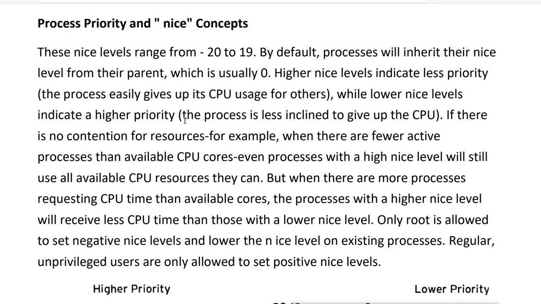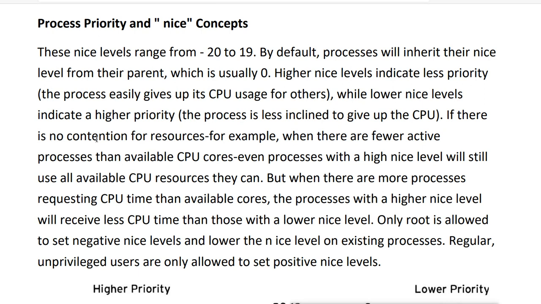Lower NICE values indicate higher priority, so the process is less inclined to give up the CPU. The higher priority will not give up the CPU easily, while the higher NICE value means low priority, and it can easily give up its CPU usage.